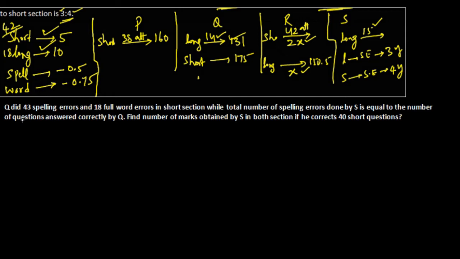Okay, so what is the question given to us? Q did 43 spelling errors, okay, and 18 full word errors in the short section.